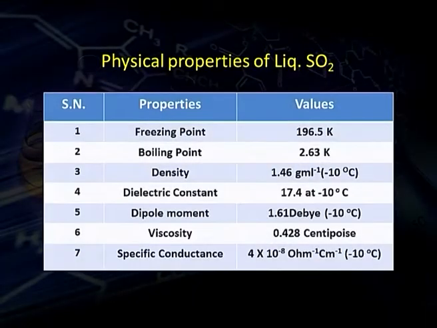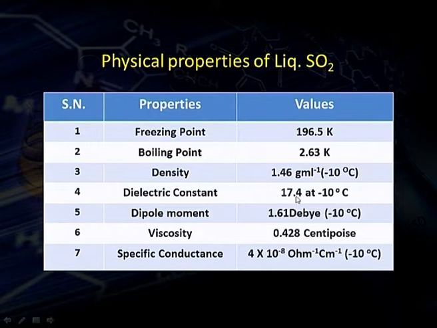So, these are the physical properties which I have tabulated in the form of a table. Here we can see the freezing point of liquid SO2 is 196.5 Kelvin, the boiling point is 263 Kelvin, density is 1.46 gram per ml. This is at minus 10 degrees Celsius, which is its boiling point.